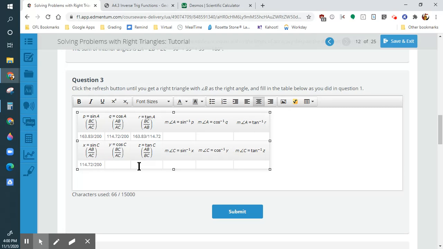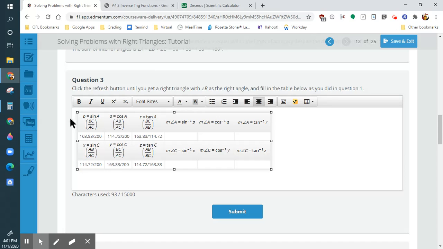And this will actually be easy to copy into the other calculator as well. And this should be 114.72 divided by 163.80.